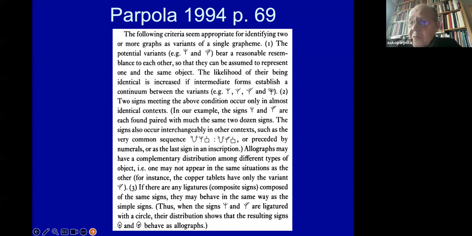Two signs meeting the above condition occur in almost identical contexts. Allographs may have a complementary distribution among different types of object. That means one may not appear in the same situations as the other. 3. If there are any ligatures, that means composite signs composed of the same signs, they may behave in the same way as the simple signs.